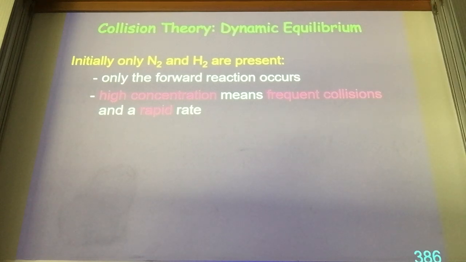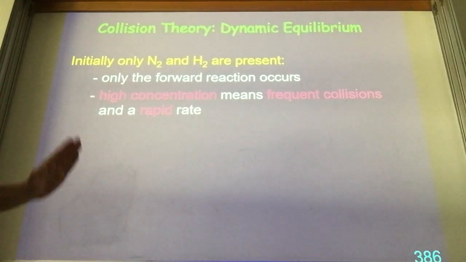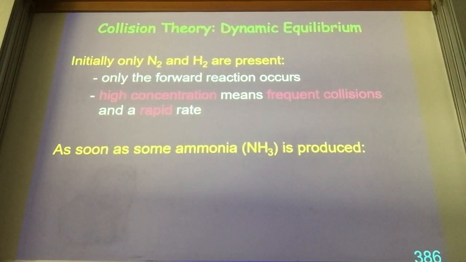That means the rate of the forward reaction is going to be at its highest at this point. The reverse reaction is not occurring at all because we don't have any product initially. So we get the rapid decrease in nitrogen and hydrogen, rapid increase in ammonia.